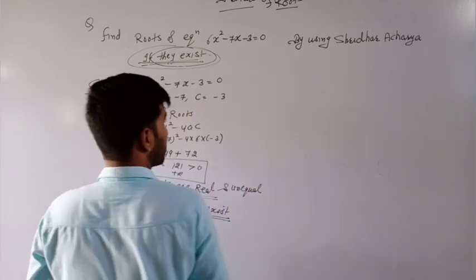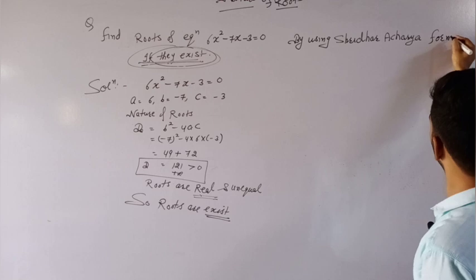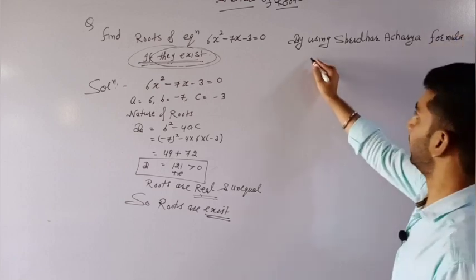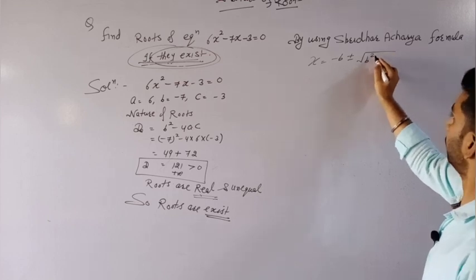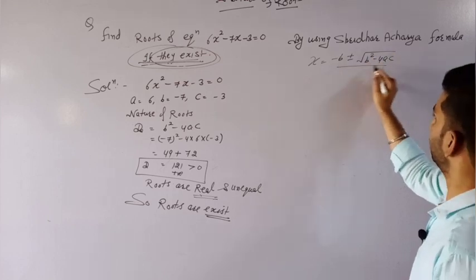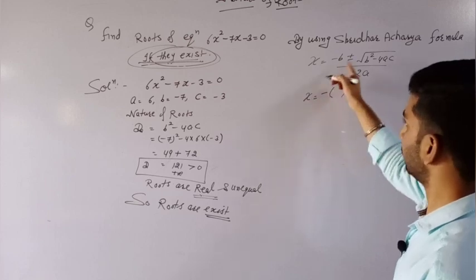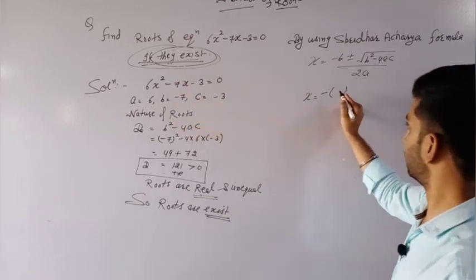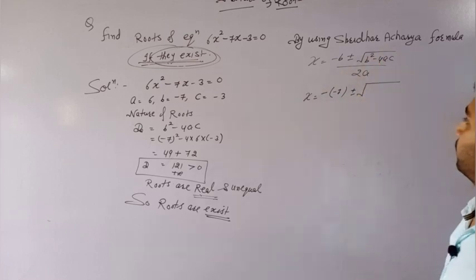By using Sridharacharya formula, we know that x is given by minus b plus minus root of b square minus 4ac divided by 2a. By putting the values, x is equal to minus, the value of b is minus 7, plus minus root of b square minus 4ac.